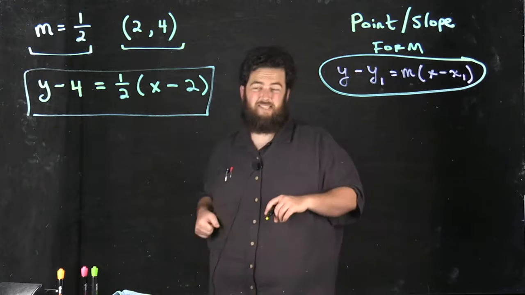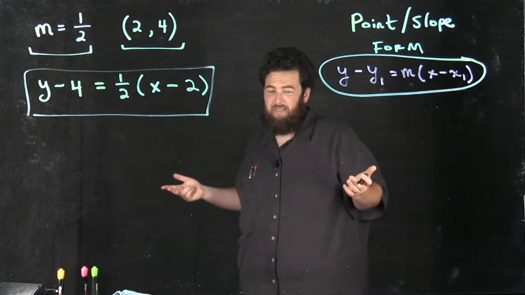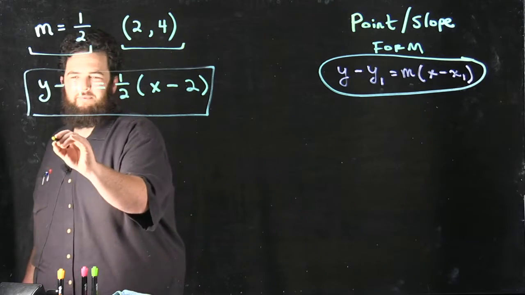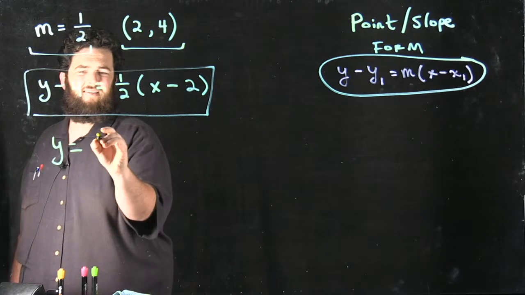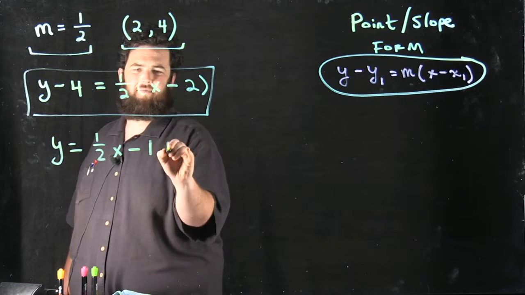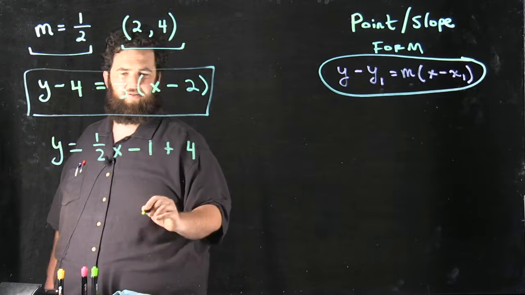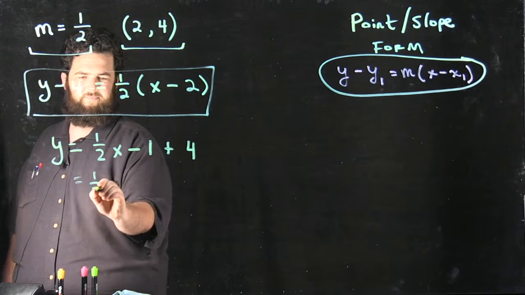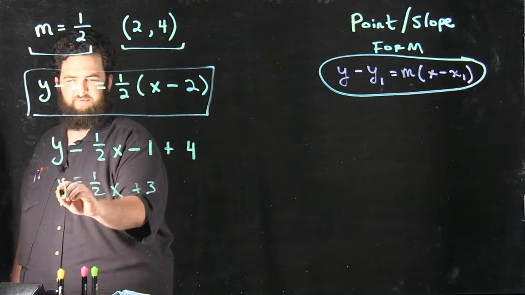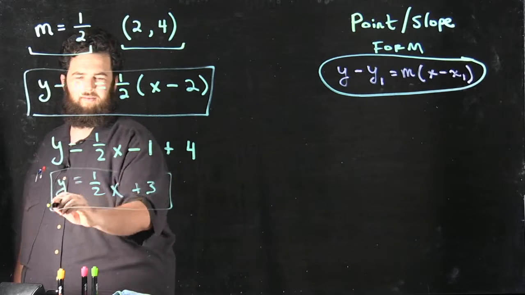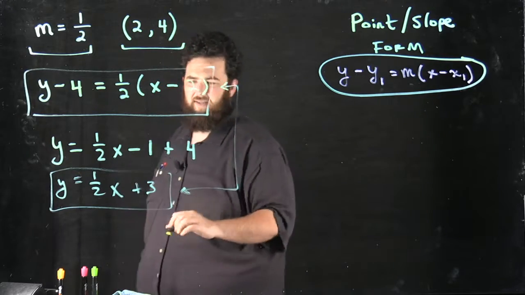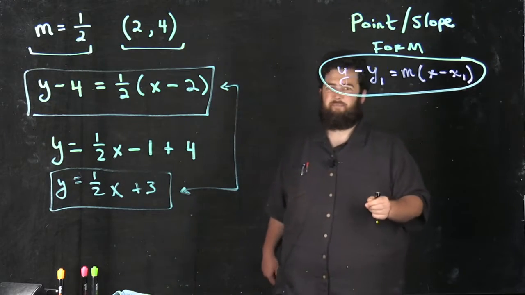Now, do you want to see this line in slope-intercept form, where we have y equals 1/2 times (x minus 1) plus 4? As it turns out, these are the exact same line.